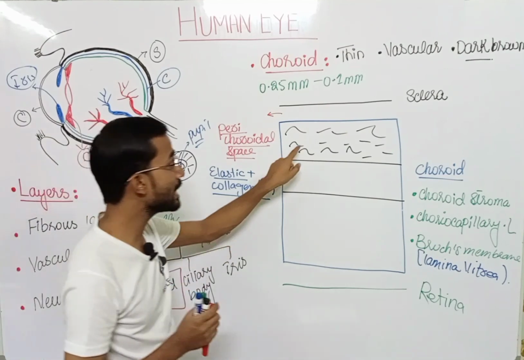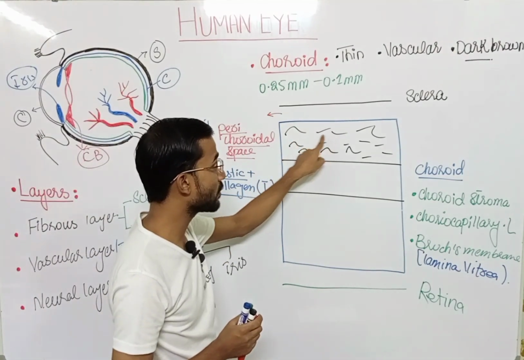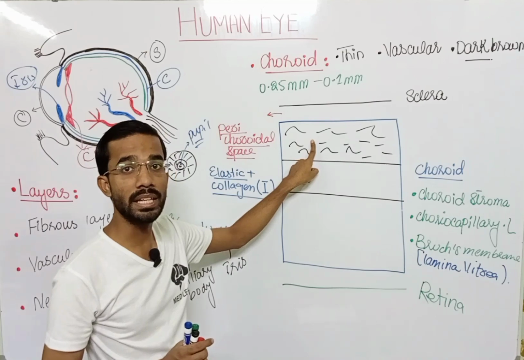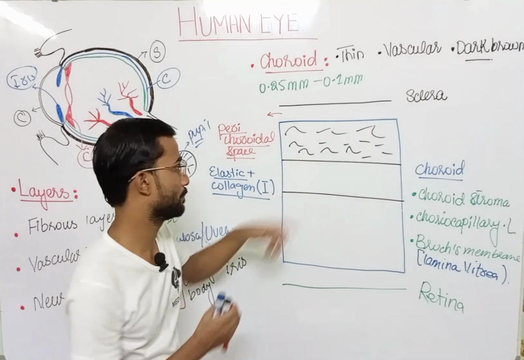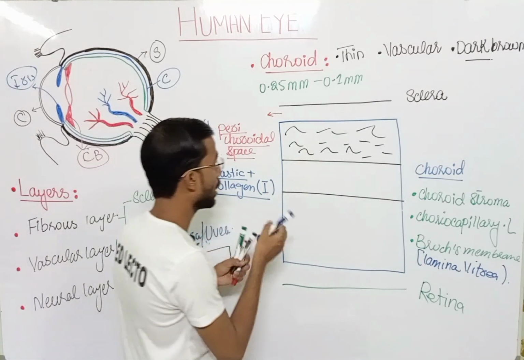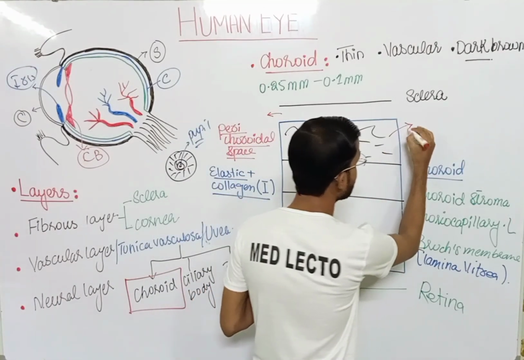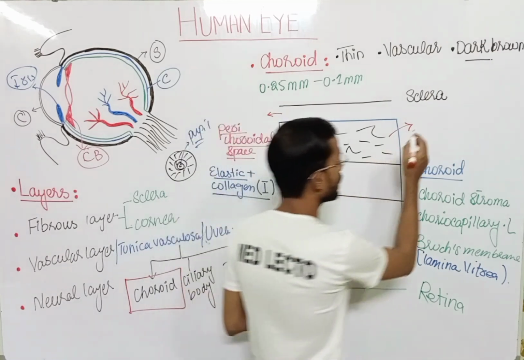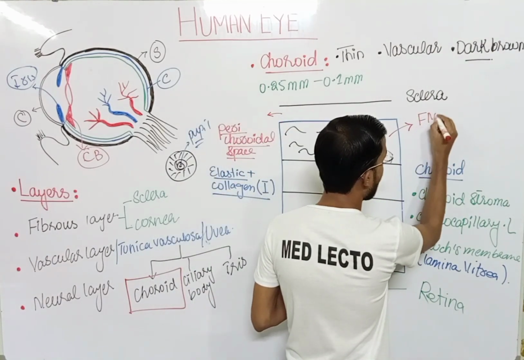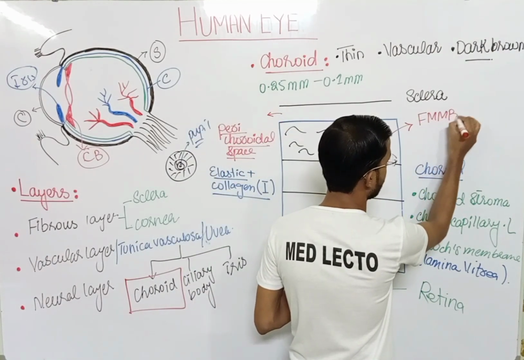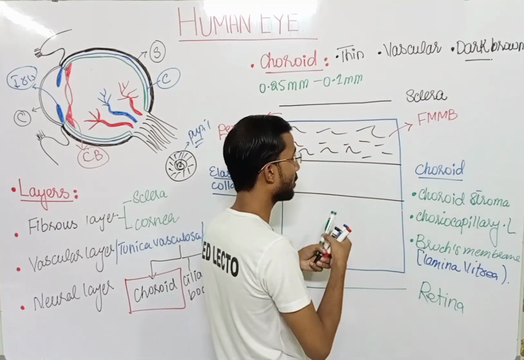Okay, and in the space present between these fibers, you will see different types of cells. That is FMB, so you will remember it this way.